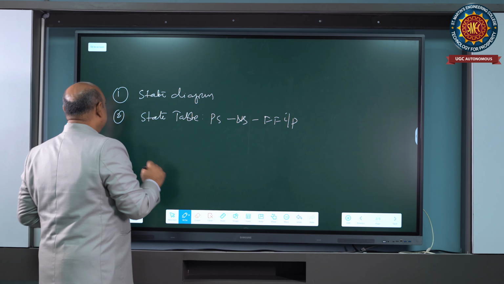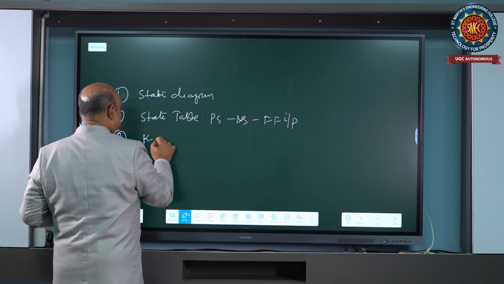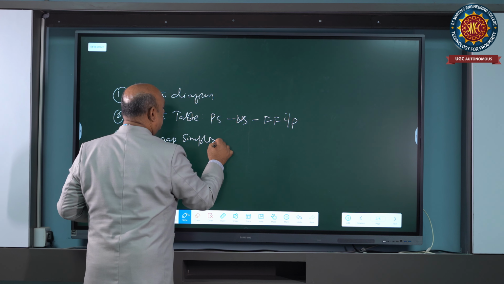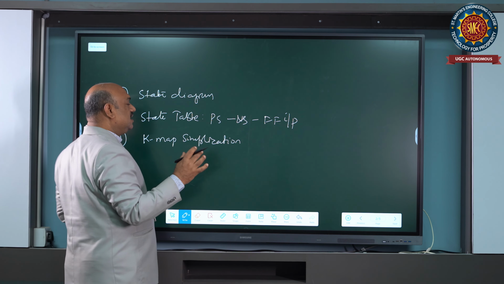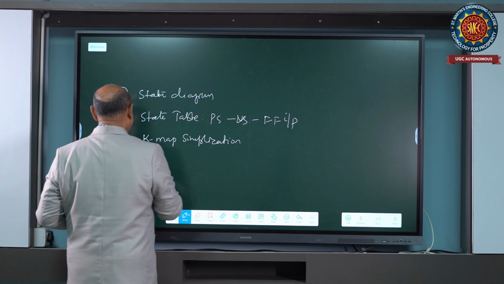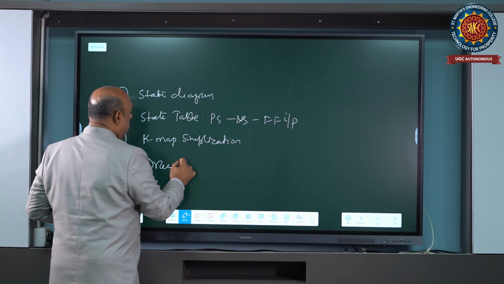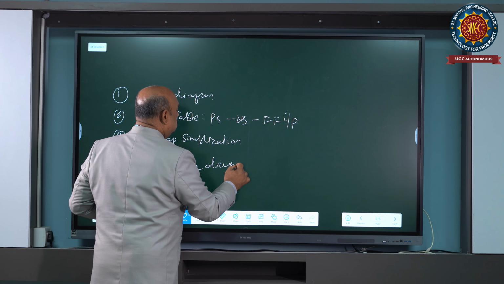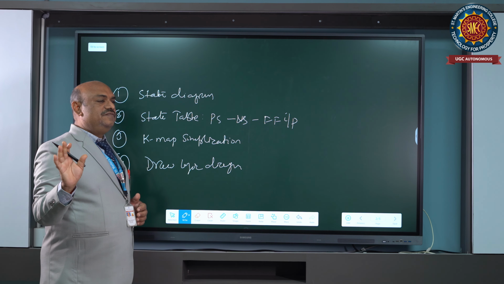The third one is K-map simplification. K-map simplification will give the Boolean expression. By using the Boolean expression, we'll draw the logic diagram. With these steps, we can design any type of uneven sequence.